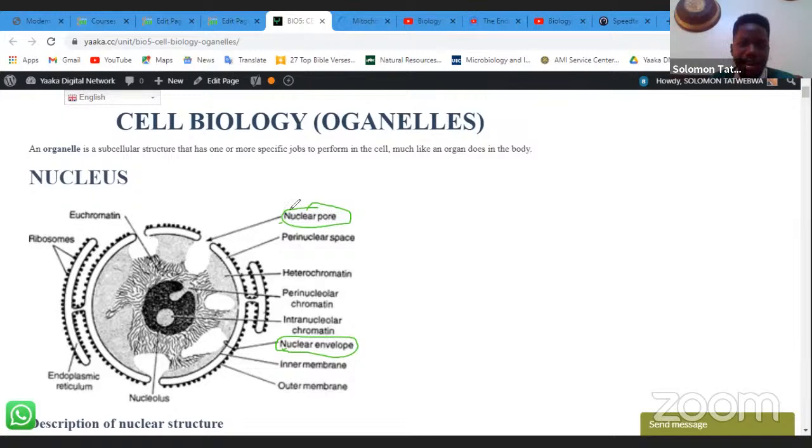For example, we have materials that enter and exit the nucleus, like RNAs. For example, the vaccine that we're taking right now is made up of mRNA, but that mRNA cannot enter the nuclear envelope because this entry and exit requires an enzyme, right?